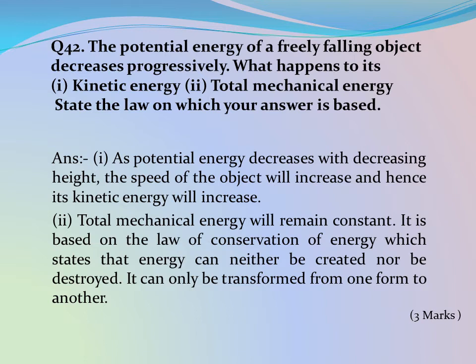As potential energy decreases with the decreasing height, the speed of the object will increase and hence its kinetic energy will increase. 2. Total mechanical energy will remain constant. It is based on the law of conservation of energy, which states that energy can neither be created nor be destroyed. It can only be transformed from one form to another.